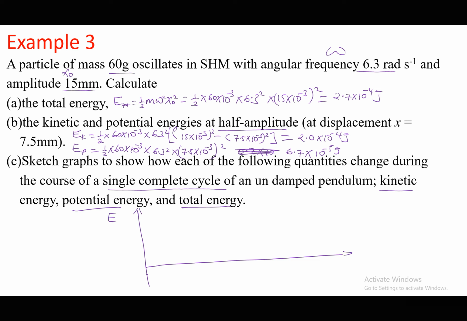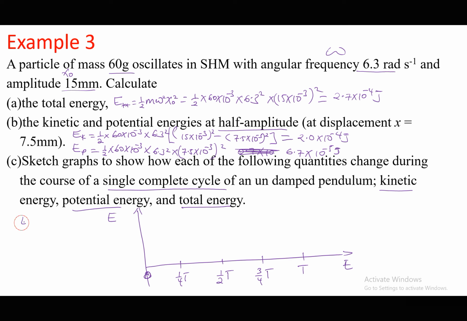So energy against time. I'm going to divide this into 4 parts: 0, a quarter of a cycle, half of a cycle, 3/4 of a cycle, and then 1 complete cycle.